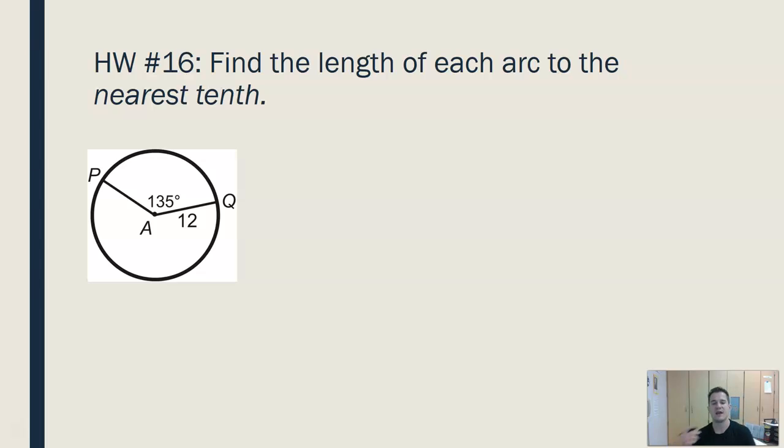Now let's look at an arc length problem. This is homework problem number 16. So it says, find the length of each arc to the nearest tenth. So remember, arc length is equal to n over 360 times the circumference. So I'm taking a fraction of the circle multiplied by the circumference, where n is the angle between the two radii in question.